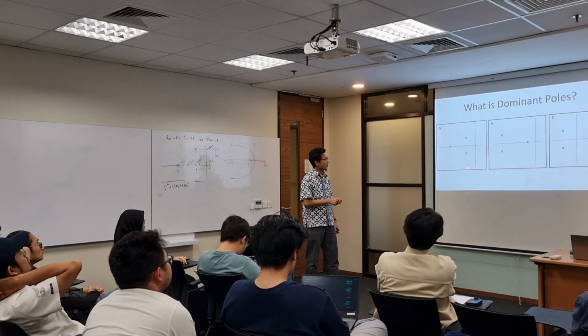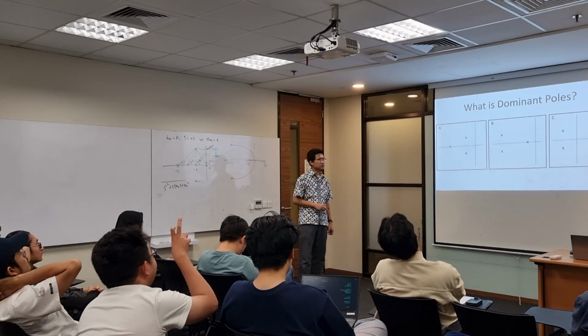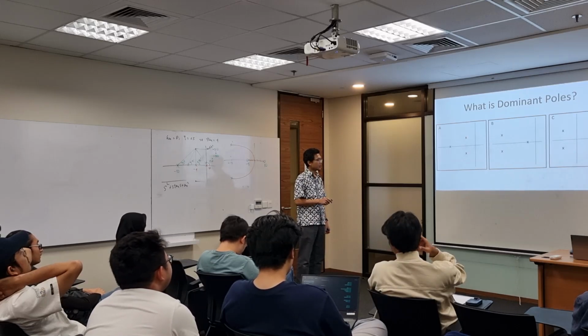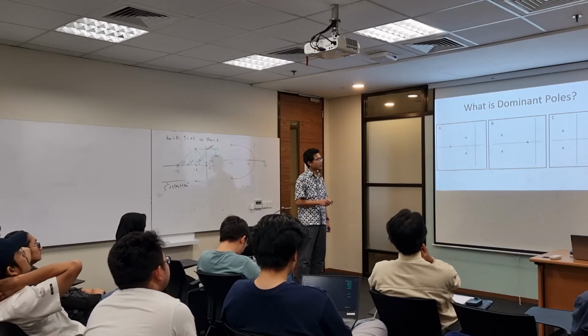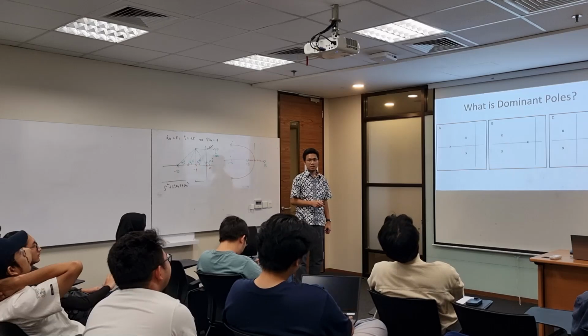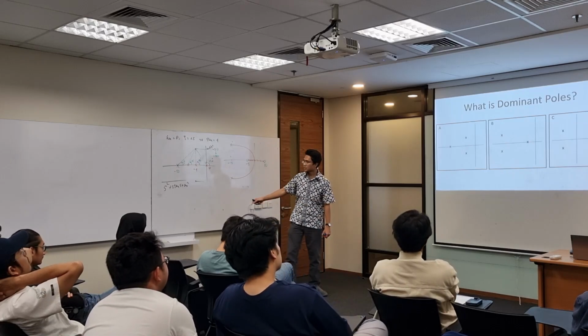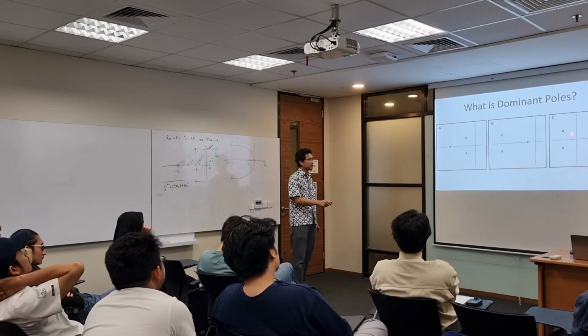For figure A here, where is the dominant pole? This one? Yeah, the one that is closer to the imaginary axis. Okay. What about B here? Okay, the real one is the dominant pole. So it is the opposite of our idea. Yeah. What about this?